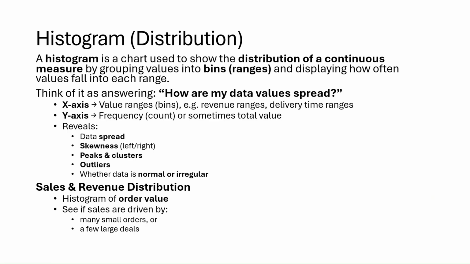So for an example, sales and revenue distribution, histogram of order value. See if sales are driven by many small orders or few large deals. So this will help you to understand how your sales is being distributed, whether you are having many small orders or few larger orders.